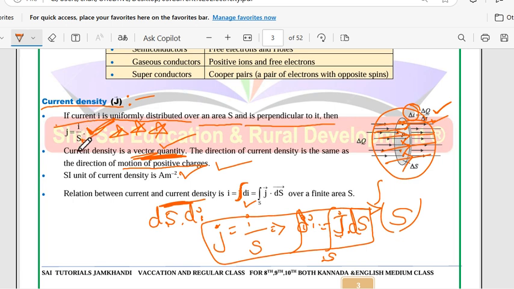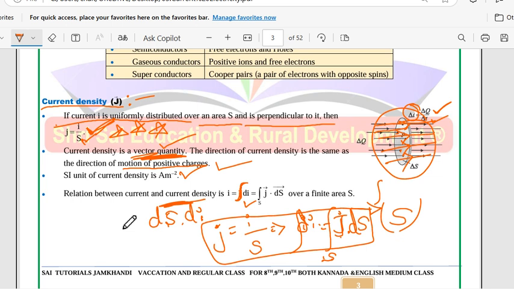Current density is a vector quantity because it has magnitude as well as direction. The direction of current density is the same as the direction of motion of positive charges; in whichever direction the positive charges move, the current density is in the same direction.